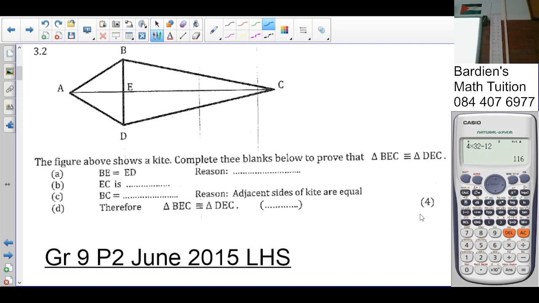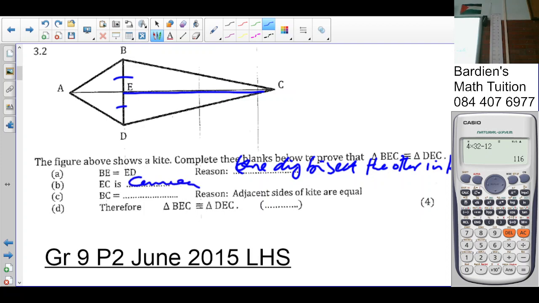So BE is equal to ED. Why is that the case? One diagonal bisects the other in a kite, not so? Then we're saying that CE is a common side.